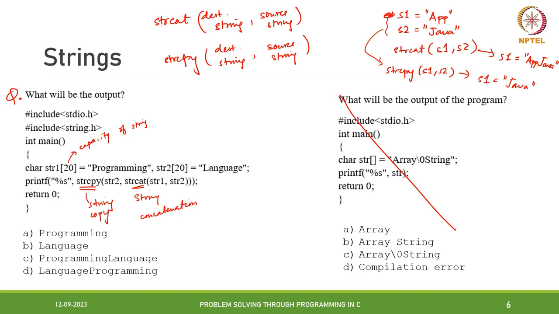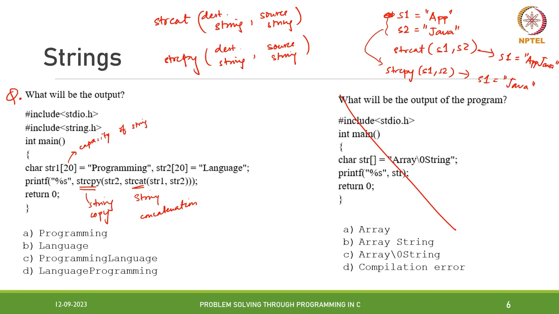The source string is s2, the destination string is s1. So the value will come from the source string to the destination string and it will just copy it. So s1 will become Java. So this is how the strcat and strcpy functions work, the string concatenation and string copy functions.